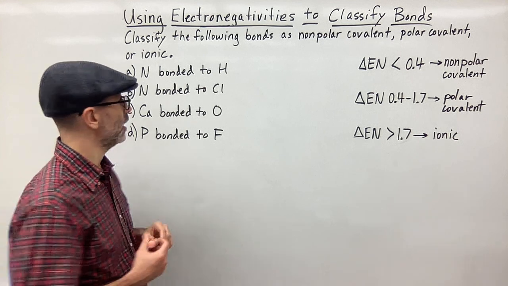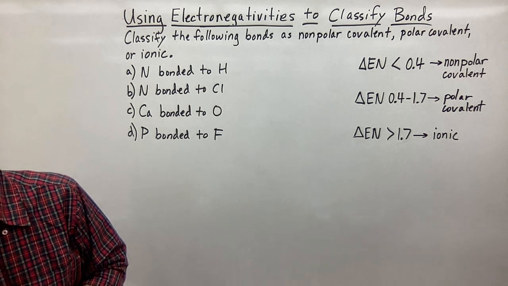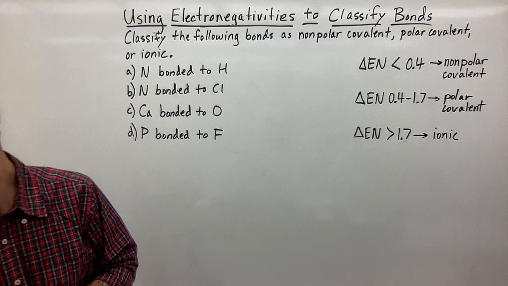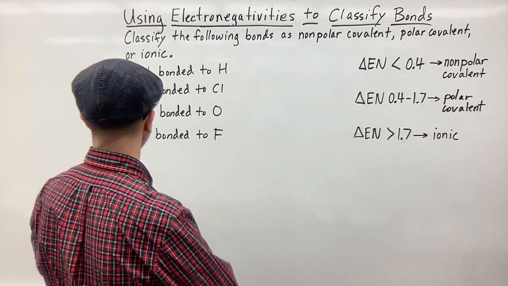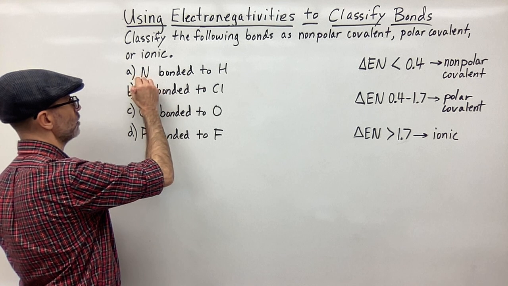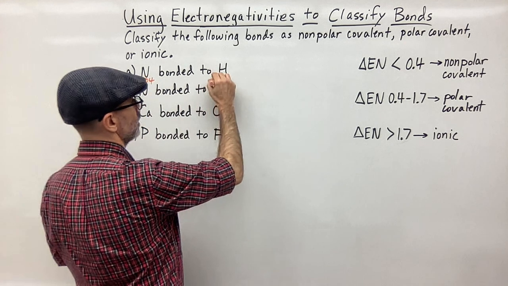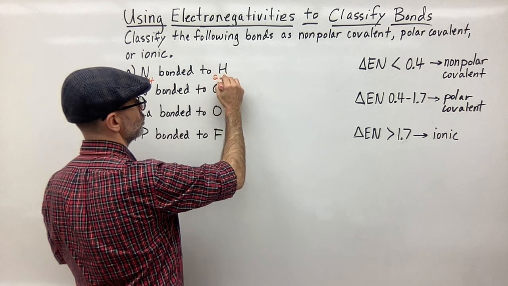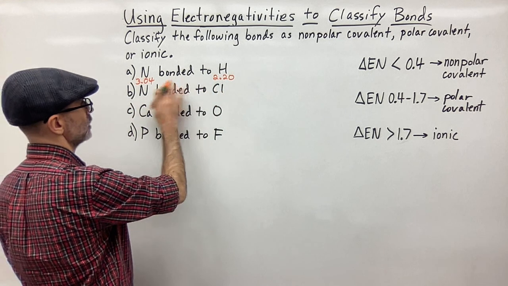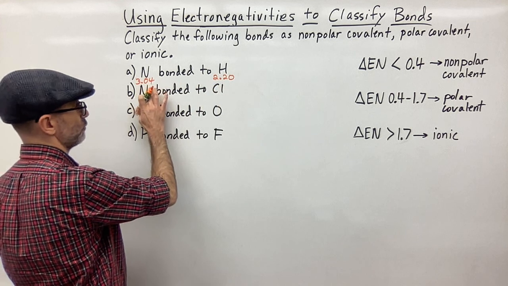For nitrogen, if we look at our electronegativity table, you should have your own electronegativity table, nitrogen is going to have an electronegativity of 3.04. So we'll write that up here, 3.04. And hydrogen has an electronegativity of 2.20. If we look at the electronegativity difference between these two, we can see that nitrogen is definitely greater.